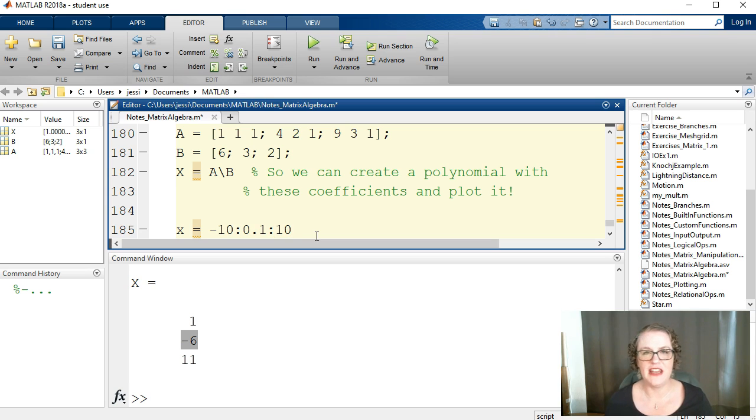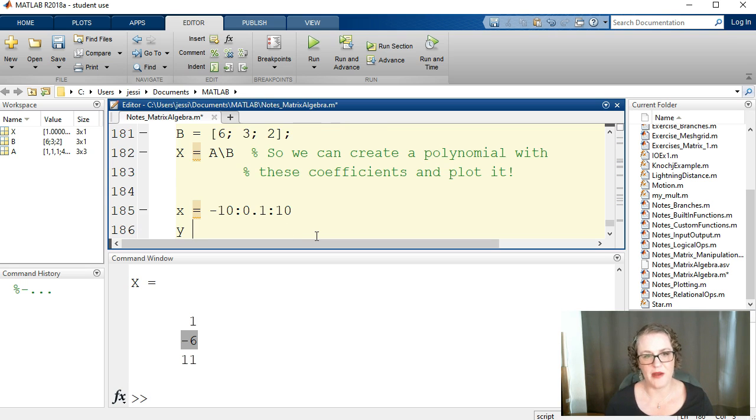Okay, so I'm creating an x, and now I'm going to create my y, not hard coding in the 1, the -6, and 11. Instead, I'm going to use x1, right? That's my a coefficient, times x squared, dot squared, element by element, and then plus x2 squared.